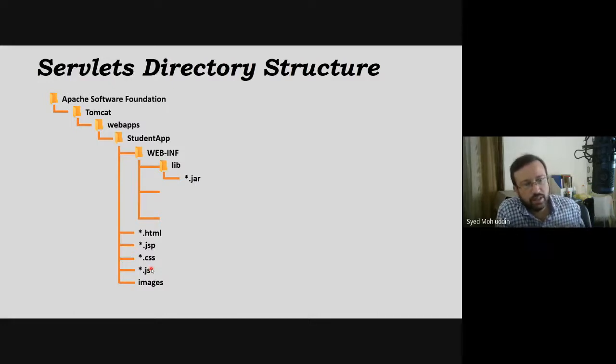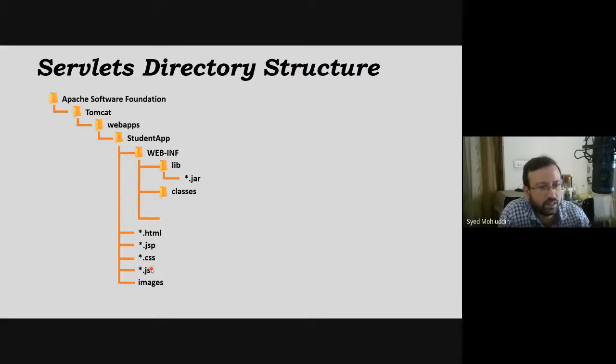For this reason, we need to use certain jar files. For example, there is a classes file which is available for JDBC connections, or Java Database Connectivity. So any third party libraries or jar files will be placed within the lib folder.